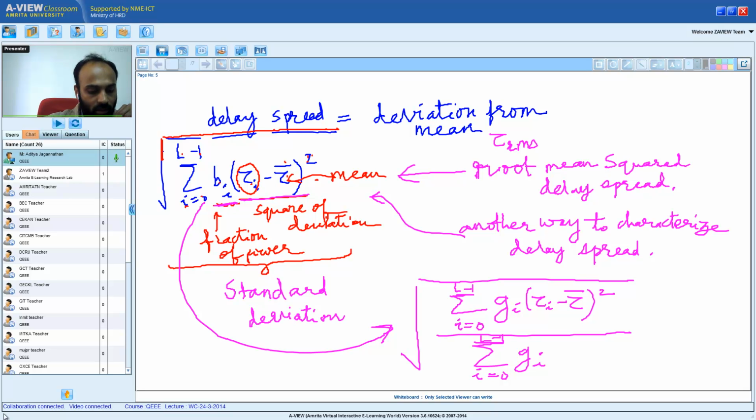Does it make sense to consider a negative value for delay spread? What does it mean to say that the delay spread is negative? Delay spread is a time interval, right? What does it mean to say that the delay spread is negative? Is it logical to consider the negative of the square root?